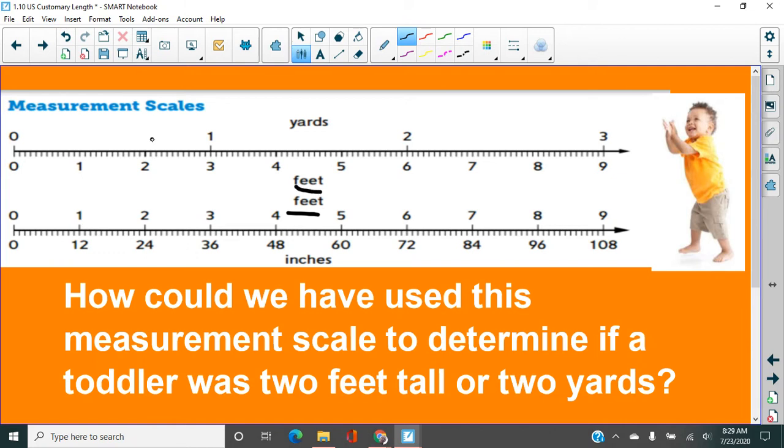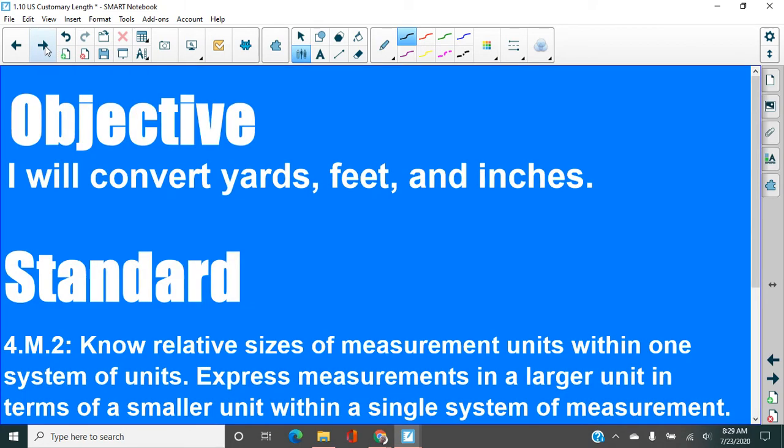So here's 2 feet and here's 2 yards. And so what we can see is that 2 yards, like I said earlier, is equal to 6 feet. And this measurement scale will help us to make some of these conversions and decide some things that make sense. And you'll see some examples of that in just a moment here.